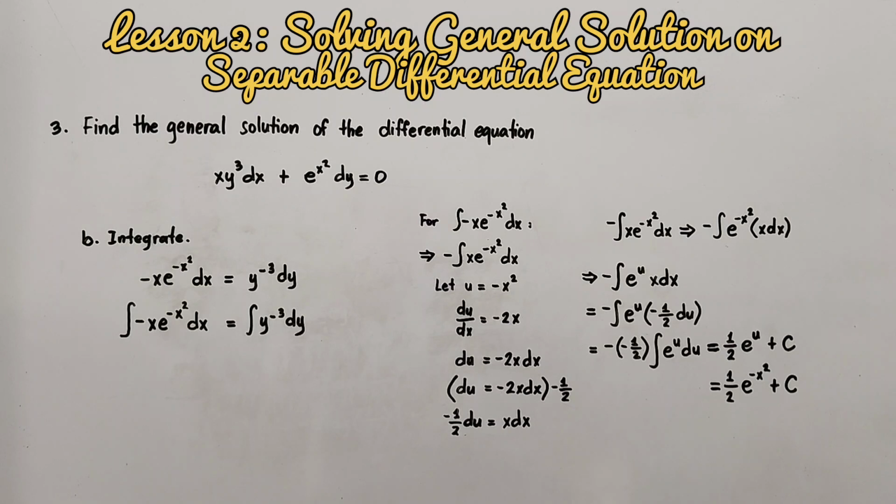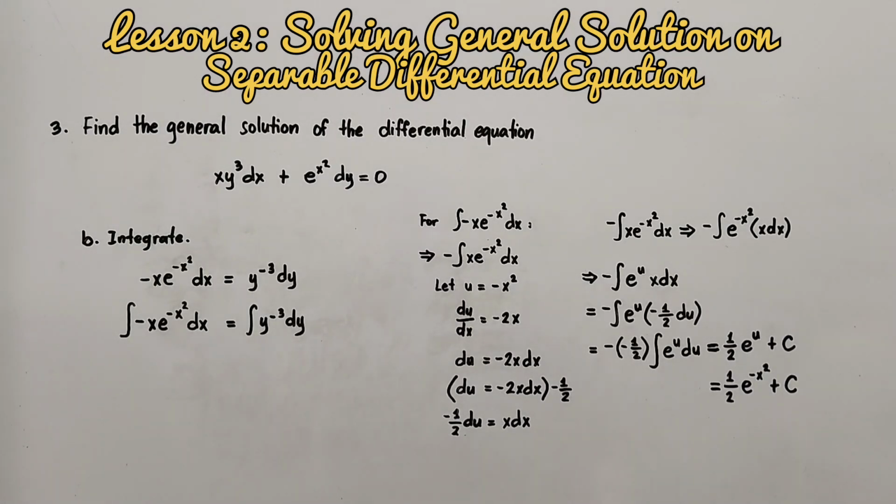Take note also that the negative of the integral of x e power negative x squared dx is the same as negative of the integral of e power negative x squared times x dx. We apply the associative property of multiplication by regrouping x and dx. Our integral now becomes negative of the integral of e power u, since we let u equals negative x squared, x dx.